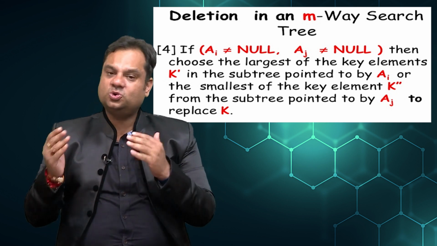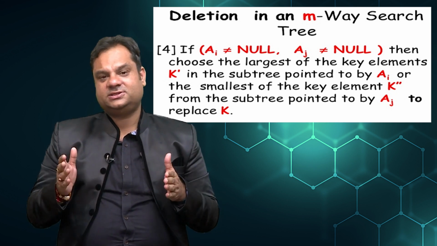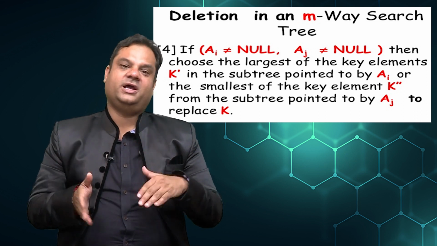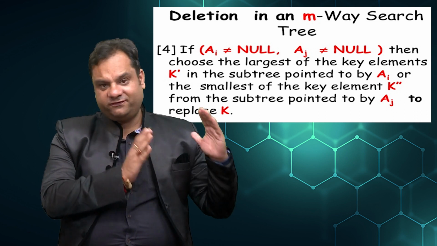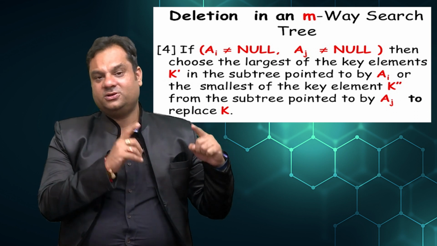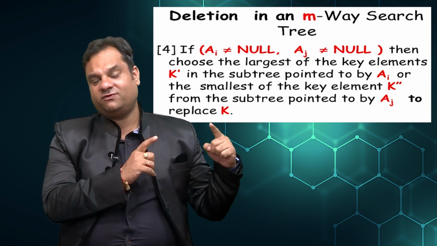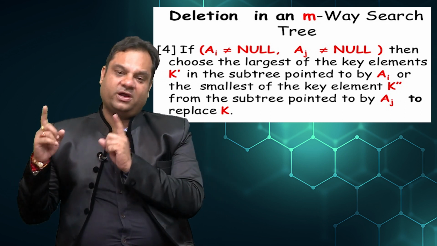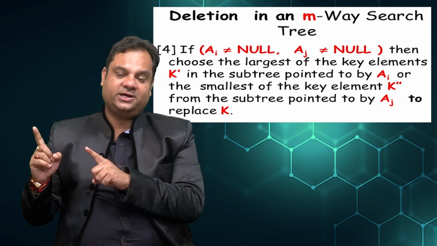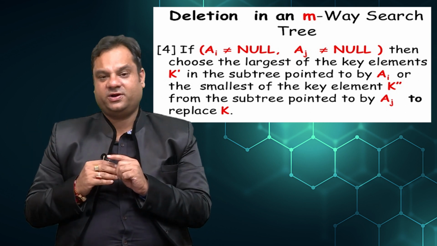So here we have two options. Either you replace the key from the left child or from the right child. But if you choose the left child, you choose the largest value from among them, and when you choose the right subtree, you have to select the smallest item of the right subtree.